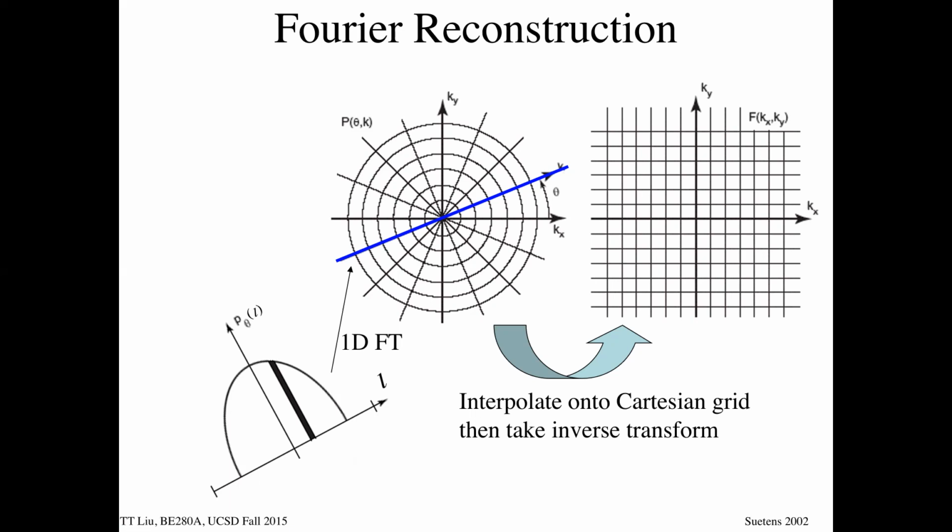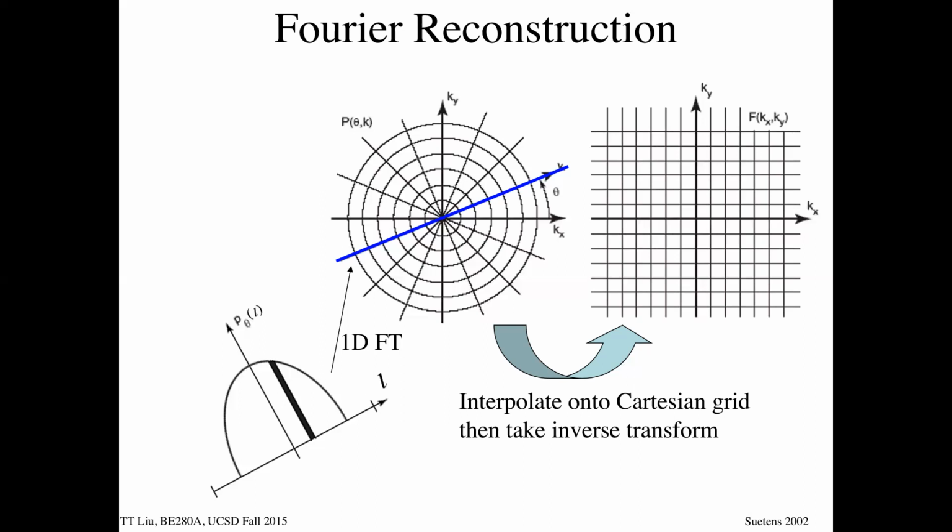So one way to think about reconstructing these images would be, why don't we just take these 1D samples through Fourier space and stack them up radially, just bump, bump, bump. They're samples through the Fourier transform. Then we can take that data and interpolate it onto a rectilinear grid, since our points aren't on a rectilinear grid now, they're in this polar orientation.